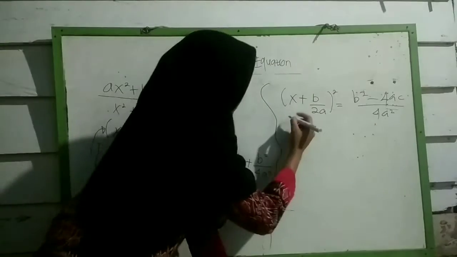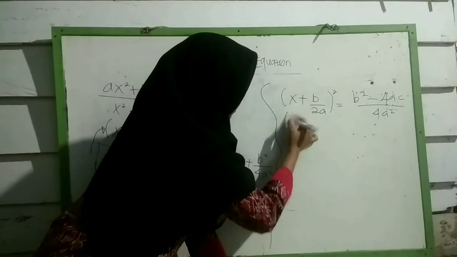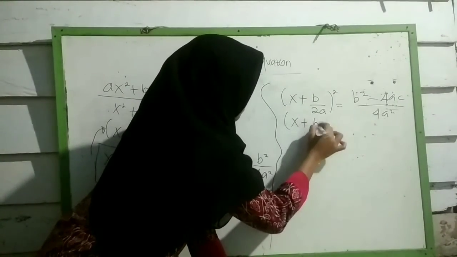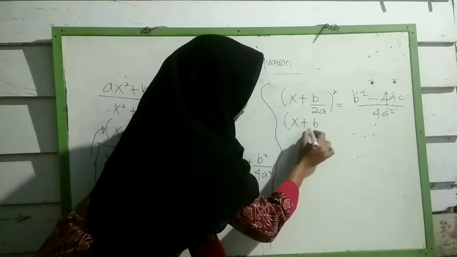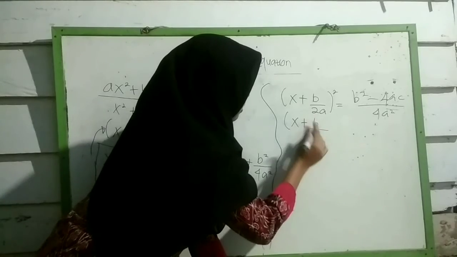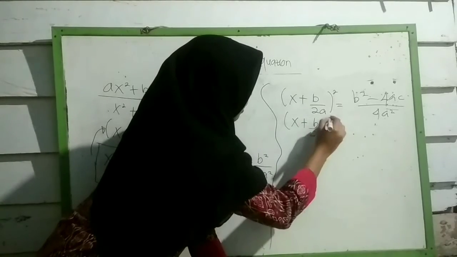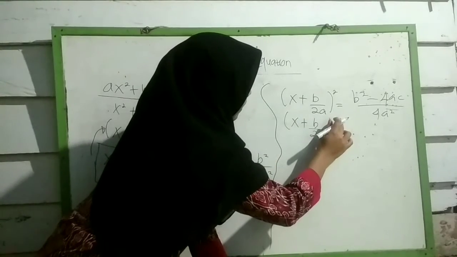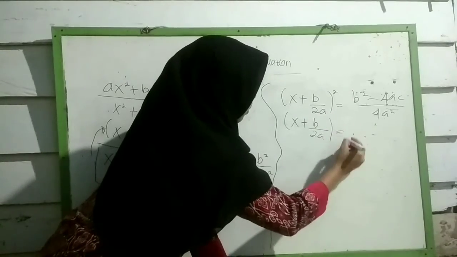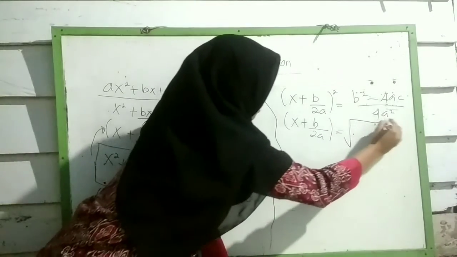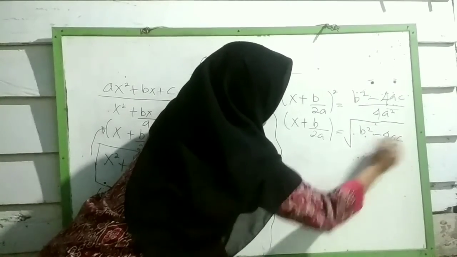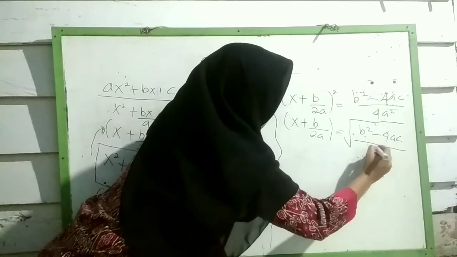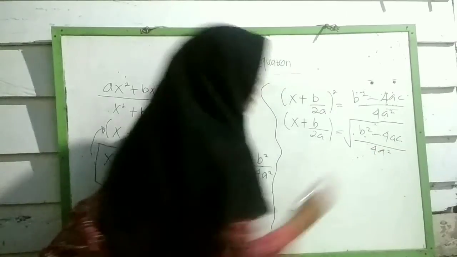And then x plus b over 2a equals the root of b squared minus 4ac over 4a squared.